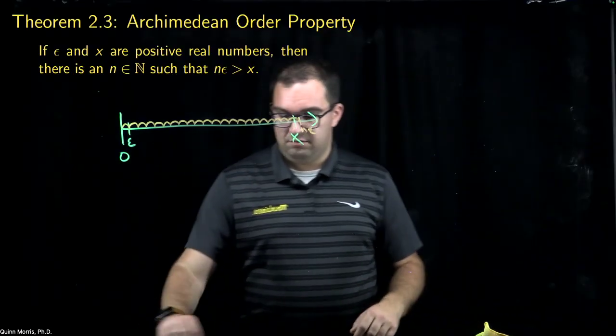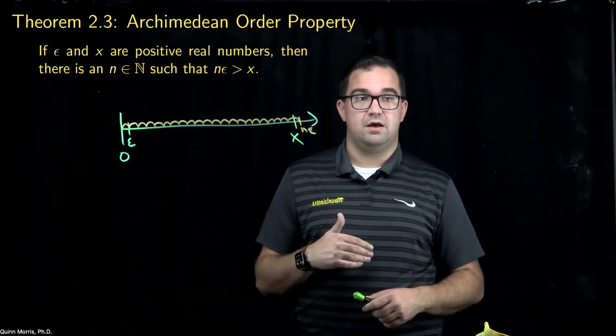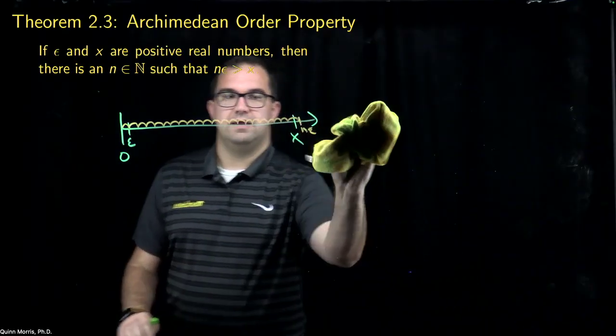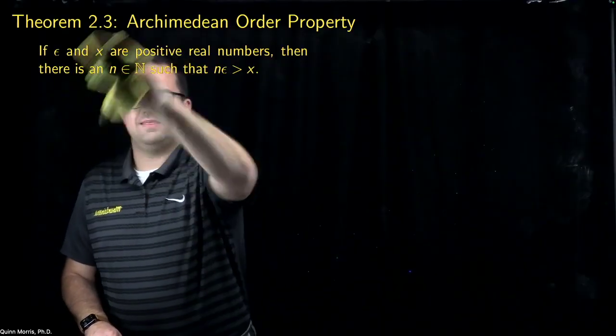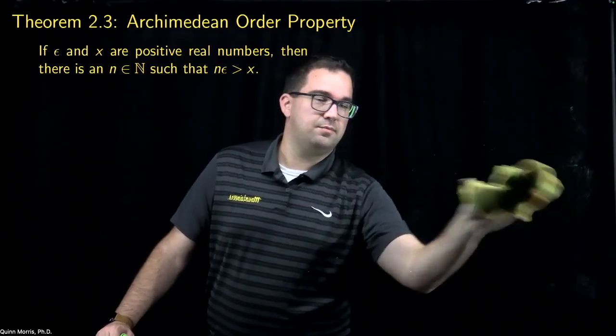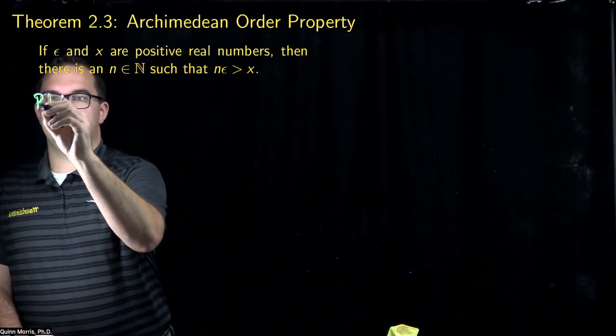Now, the Archimedean order property follows from the least upper bound property. So to prove this, we are going to do what I think is really our first official proof, and it's going to be a proof by contradiction. Okay, so let's take a look at this proof.